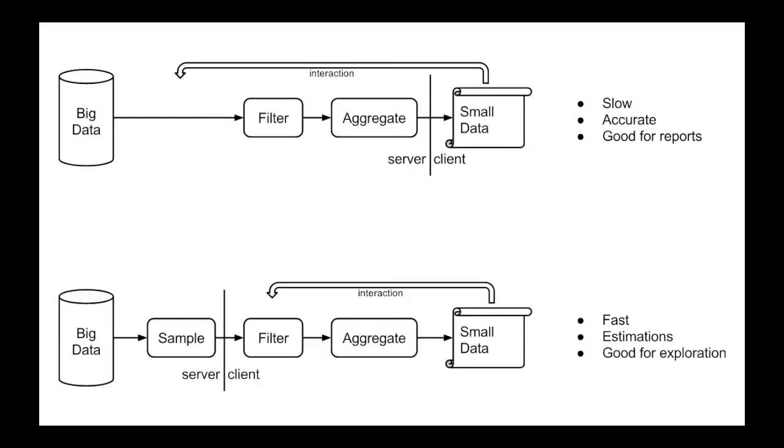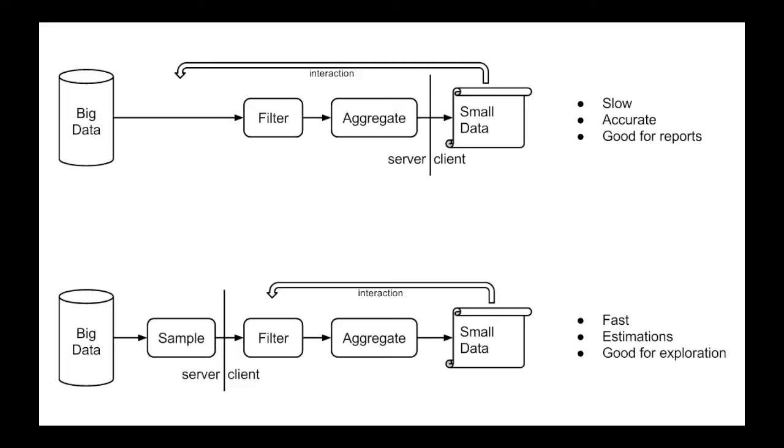We had two variants of this system that we were considering, and there are pros and cons to each. In the first, filtering and aggregation happen on the server side over the complete data set.